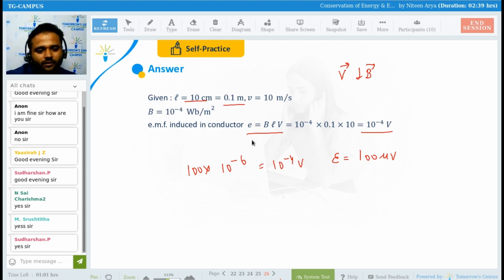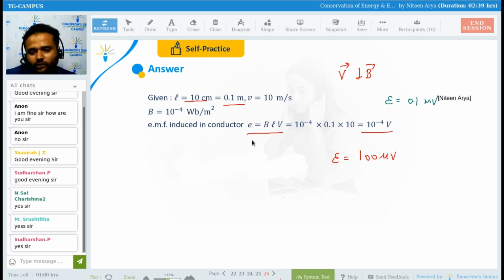Clear? Or 0.1 millivolt, where m means milli. So many things you can write. Two ways to write this: E equals 0.1 millivolt or either this. It's your choice which one you pick.